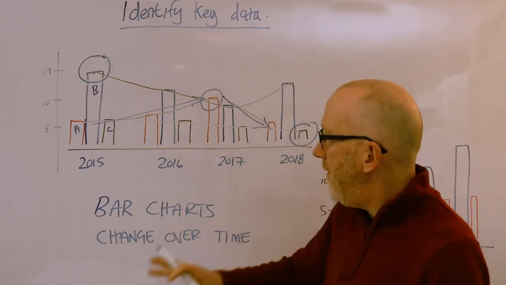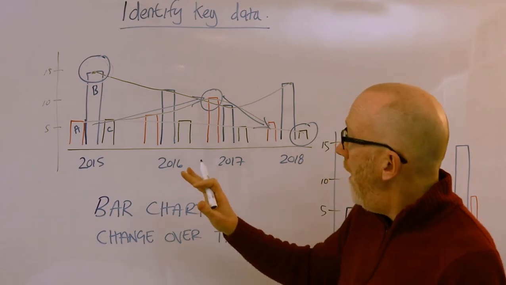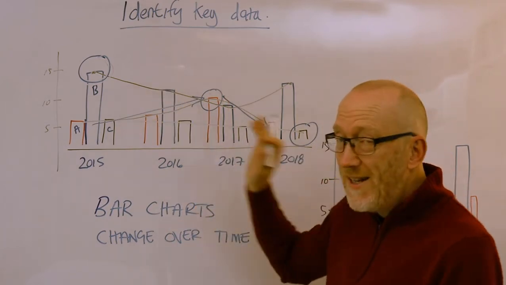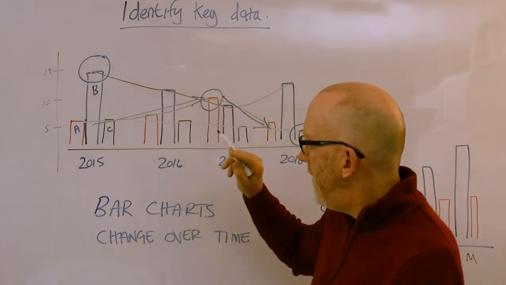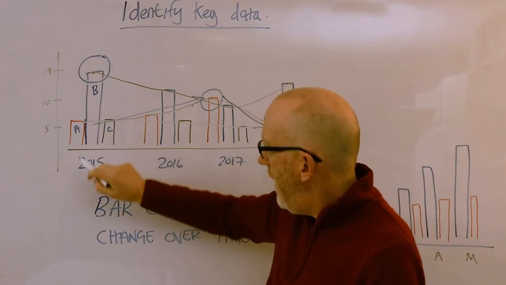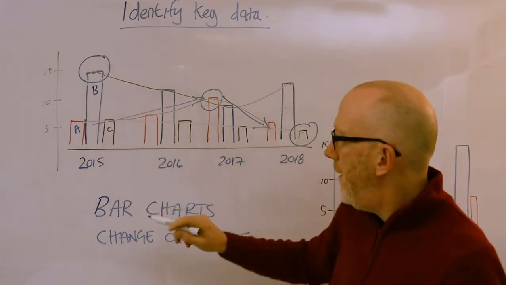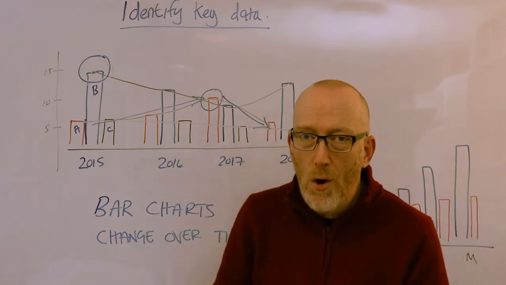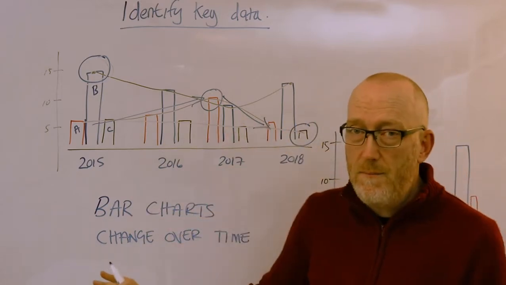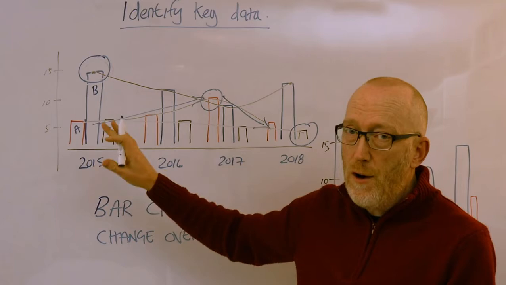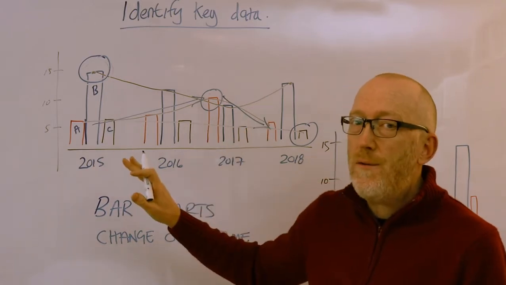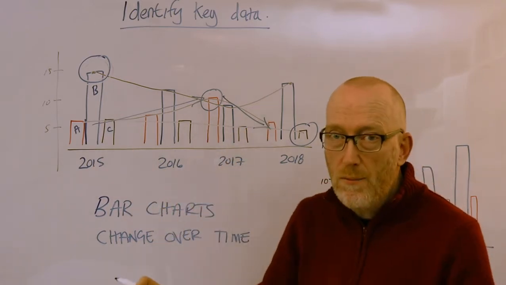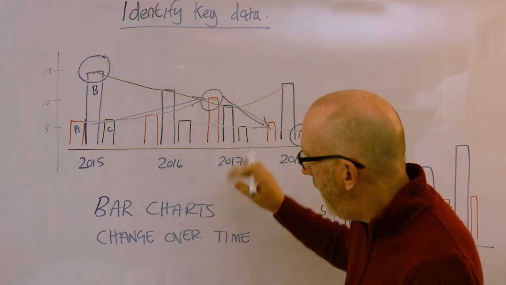One of the things that definitely stands out on this chart, which I did deliberately, is the significance of category B. Category B is obviously significantly bigger than the rest of them. So it's significant enough for you to point out in your overview of whatever it is you write.